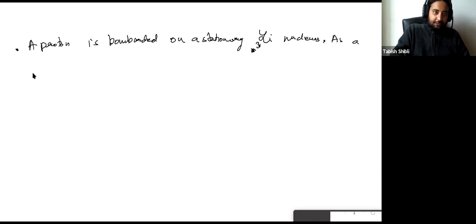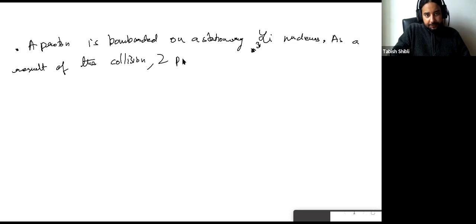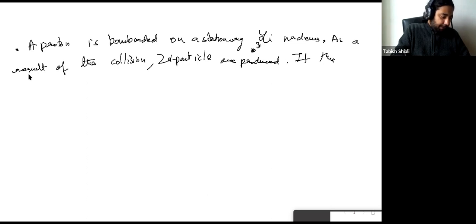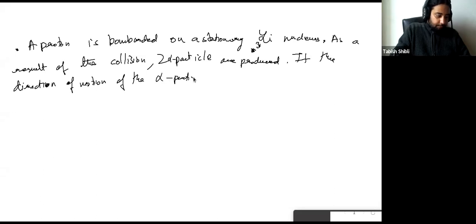As a result of the collision, two alpha particles are produced.